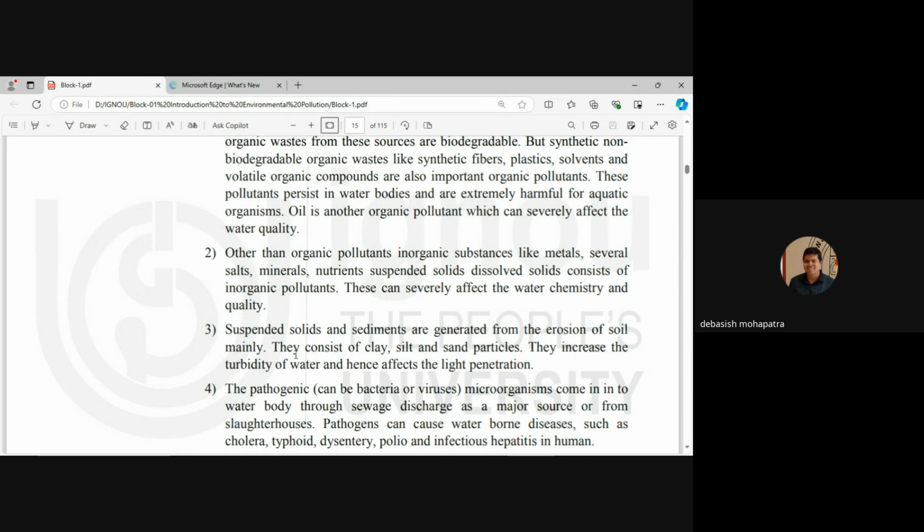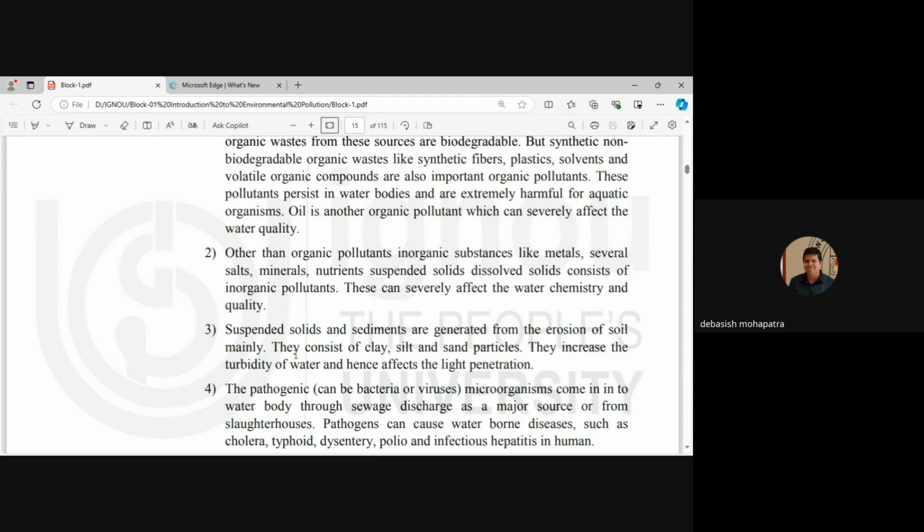So if these suspended particles increase, then the photosynthesis rate will be affected. And if the turbidity becomes more and remains longer, then what will happen? The plants can also die because they will not be able to do photosynthesis. Okay, these pollutants destroy the ecosystem.